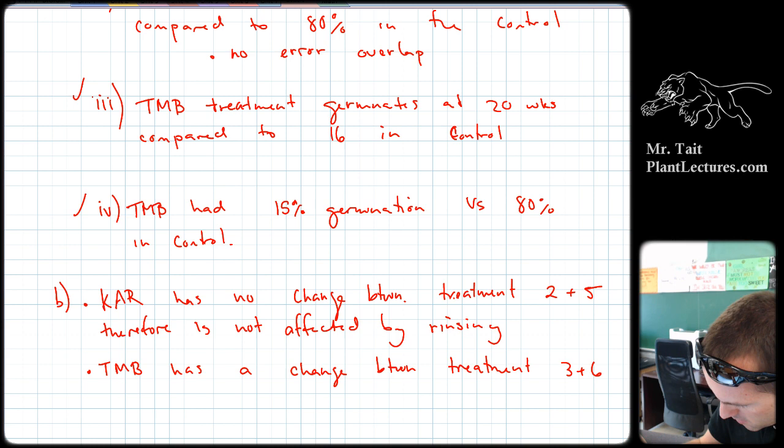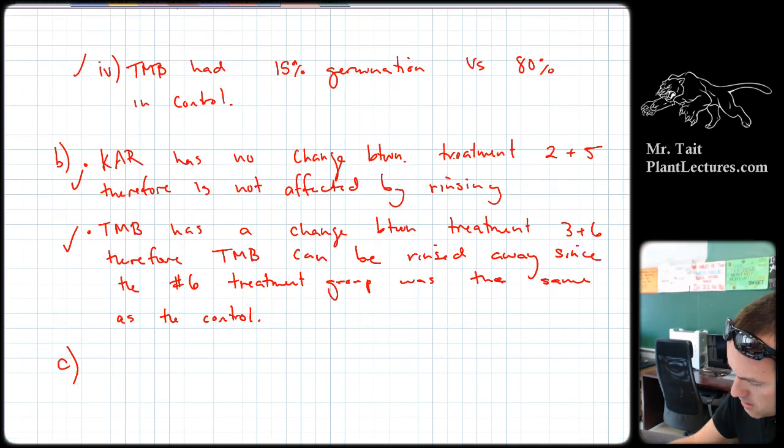We're going to move on to C. Question C says, oh wait, actually this is make a claim and provide support, right? So this one is KAR has no change between treatment group 5 and treatment group 2, therefore is not affected by rinsing.